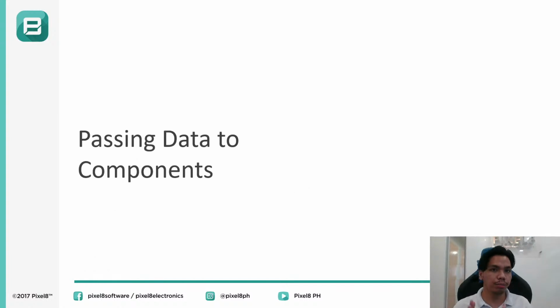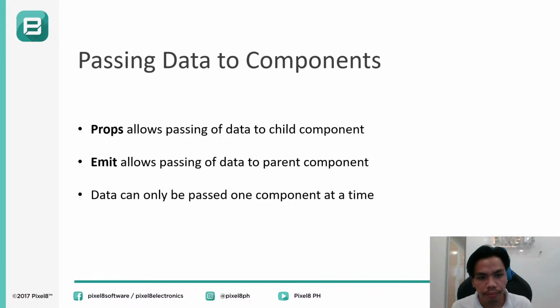So how do you pass data from and to components? First, let's tackle the passing of data to a component. In order to pass data to components, you have two ways. You can either use props or you can use emit, which we tackled earlier, right?